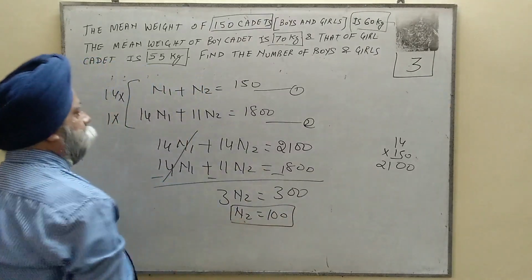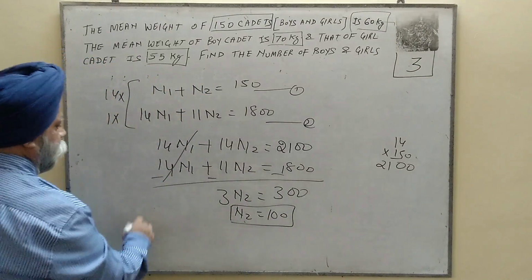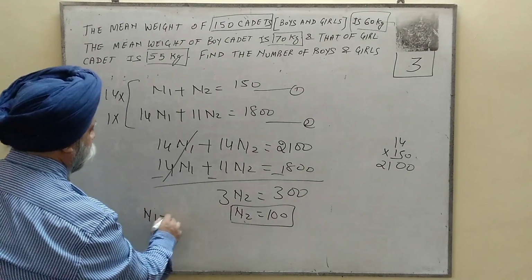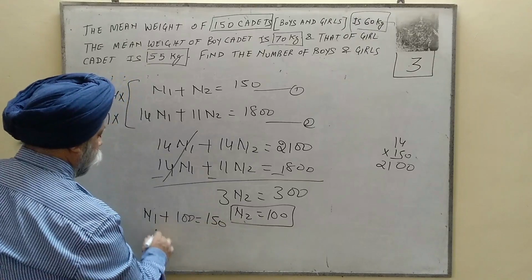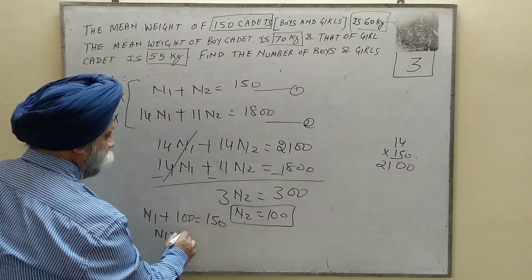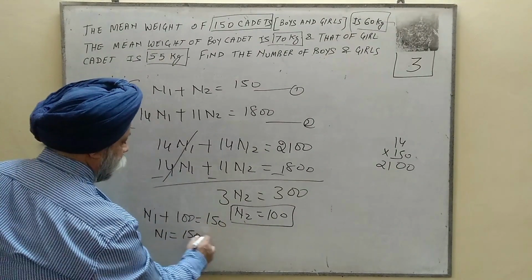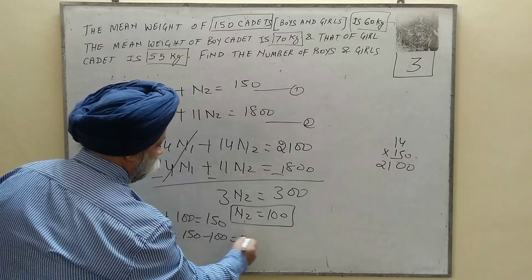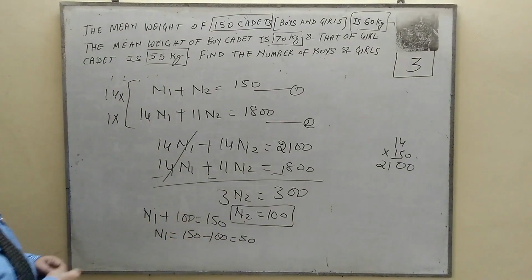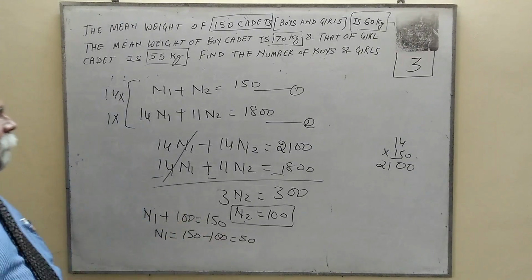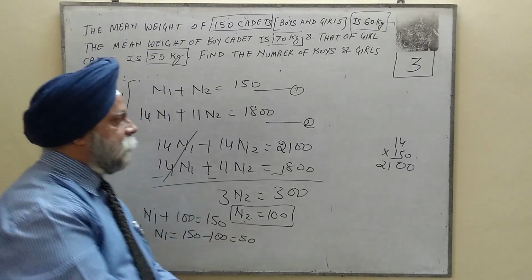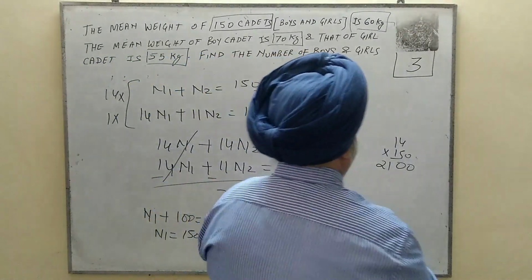Now putting the value of N2 in first, that will be N1 plus 100 equal to 150. N1 is how many? 150 minus 100, that becomes 50. So therefore boys cadet are 50, whereas girls cadet are 100. तो लास्ट में आप लिख देंगे योर आंसर.